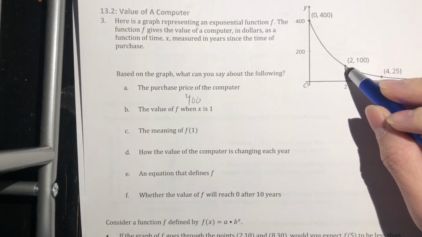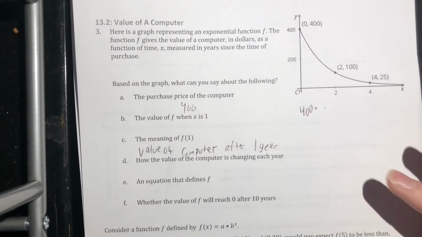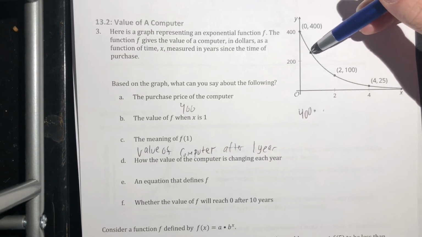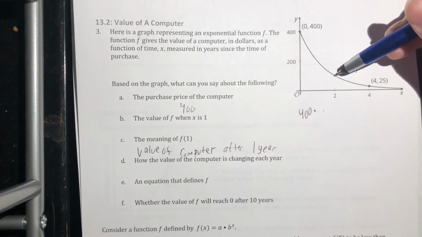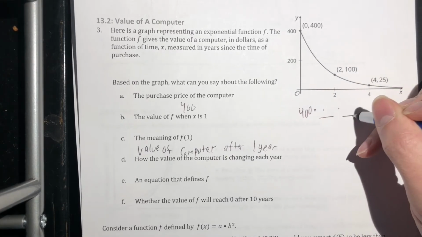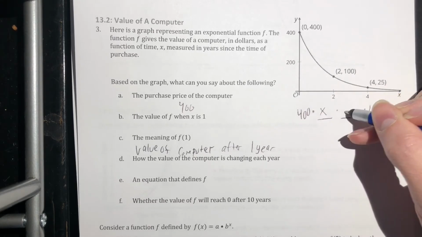So let's think about how we're going to solve this. The problem is that we have to use a growth factor once and then use it again to get there. So you have to find 400 times something gets me 100, and that something is the same thing.